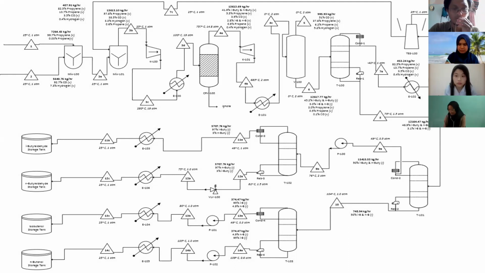This is Dr. Lim here. I'd like to comment on your flow sheet as well. I think your flow sheet is rather unusual. Typically we don't use a triangle to label the stream and also the conditions.